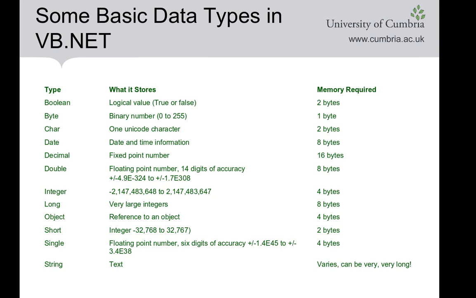We can then have a character. Now this is where it starts to differ. In some older programming languages, a character was synonymous with a byte, and it took up 1 byte of memory.